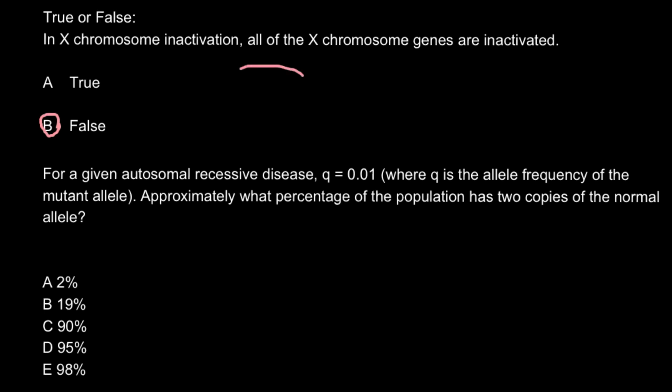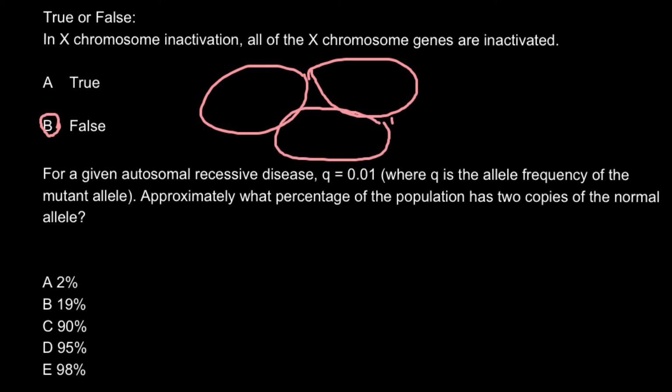Imagine that we have about 10 trillion cells, and females would have in each cell 2 X chromosomes, and one of them would be inactivated.